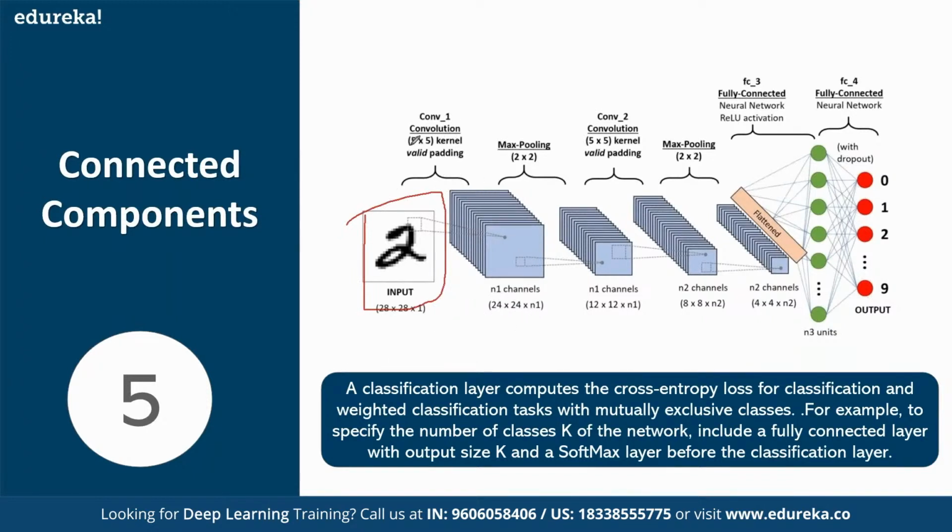In this scenario, I have used a kernel of 5 by 5, and because of this, my input image, which was of the shape 28 by 28, has been changed to 24 by 24, and I'm having N1 channels, which means I'm performing the convolution operation N1 times. And after I perform my convolution operation, I'm performing the max pooling operation with a pool size of 2 by 2. As a result of applying this max pooling operation, the dimensions of my image have been reduced to 12 by 12.